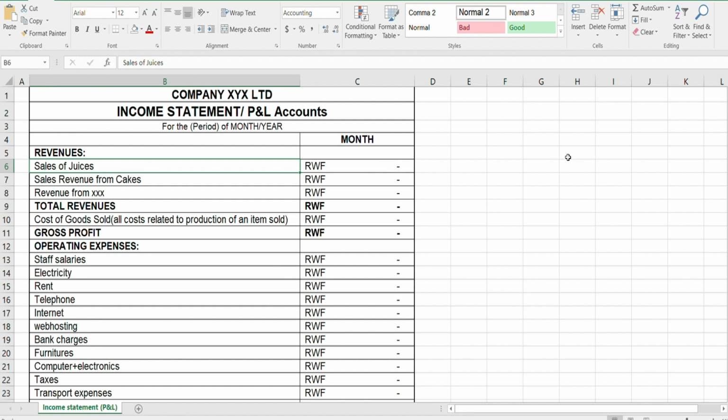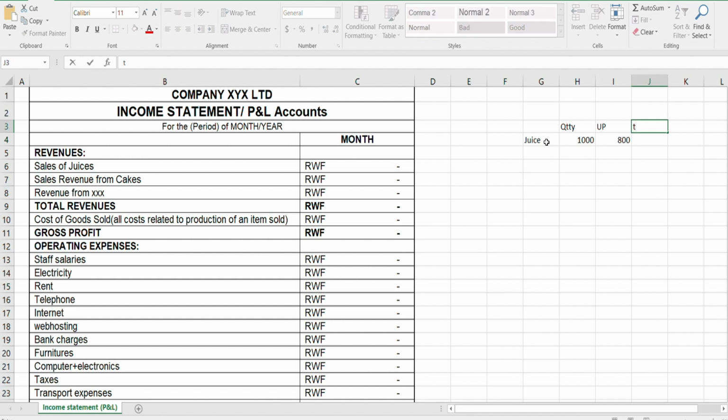Let's take some examples of selling liquids. Let's say, for instance, you sell on a monthly basis some quantity of juices, let's say 1,000 bottles of juice. This is the quantity, and the unit price may be, let's say, 800 per bottle of juice.